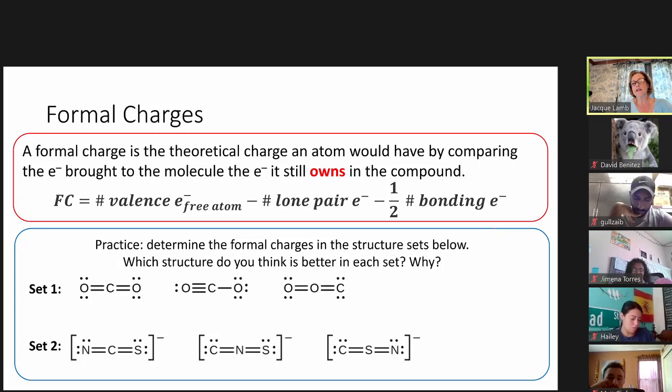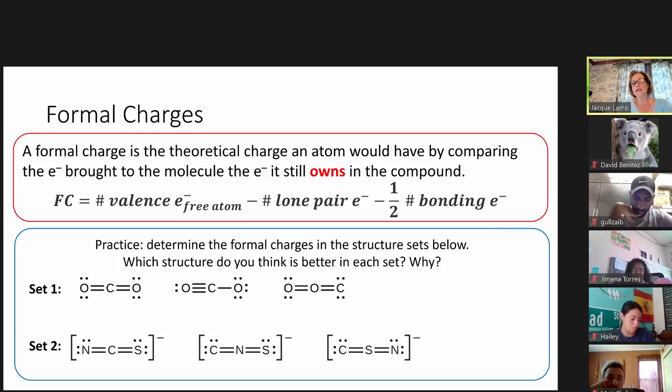It's got 1 fewer electron than it came with. In this case, it came with 6, we subtract half the bonding pair plus the 6 electrons in this side of the molecule, so it has a -1 formal charge. So we're subtracting more electrons than it came with.